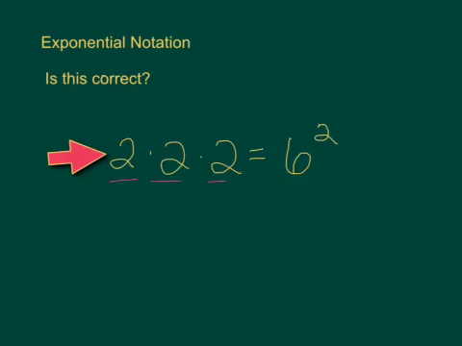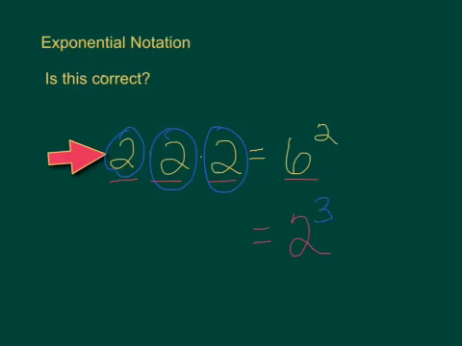So our base should be 2. Is that what our base is there? That base says 6. So this is not correct because this should be 2. And how many times am I multiplying it? 1, 2, 3 times. So this should be 2 to the 3rd power.